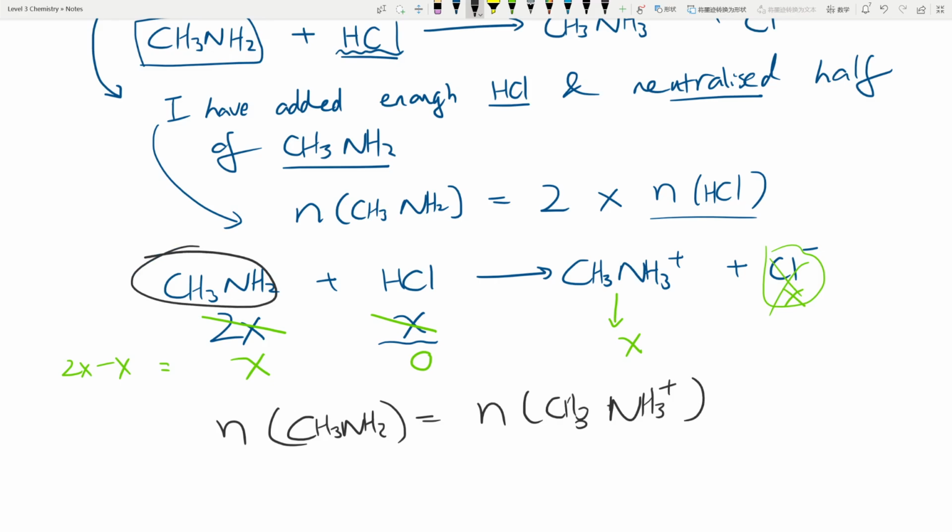These two concentrations, these two moles, are exactly the same. Why is that again? Because I've added enough HCl to neutralize half of the CH3NH2, so it has half of the original amount remaining, and I produced an equal amount of the conjugate acid. So the moles are going to be the same.